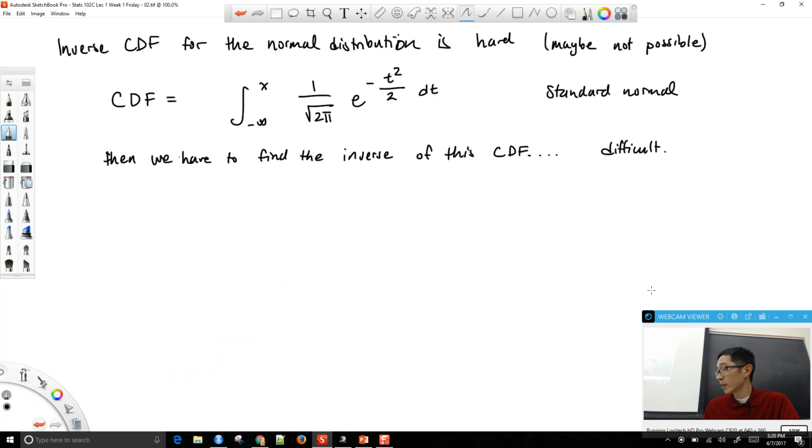And so for a while people had to think, how am I supposed to generate numbers from a random normal distribution? How can we generate values from a normal distribution?